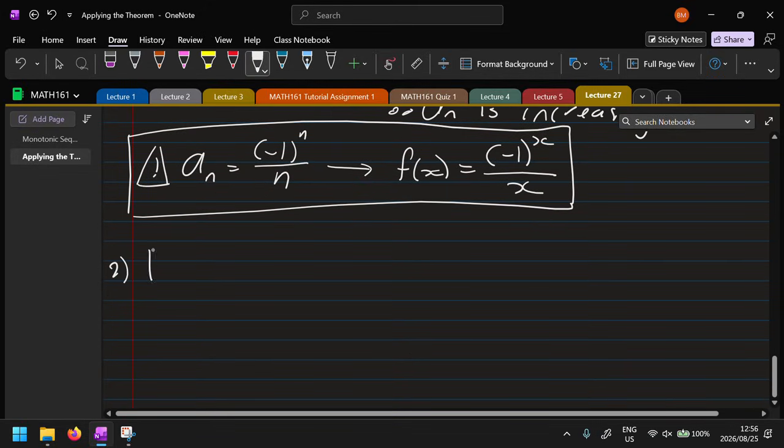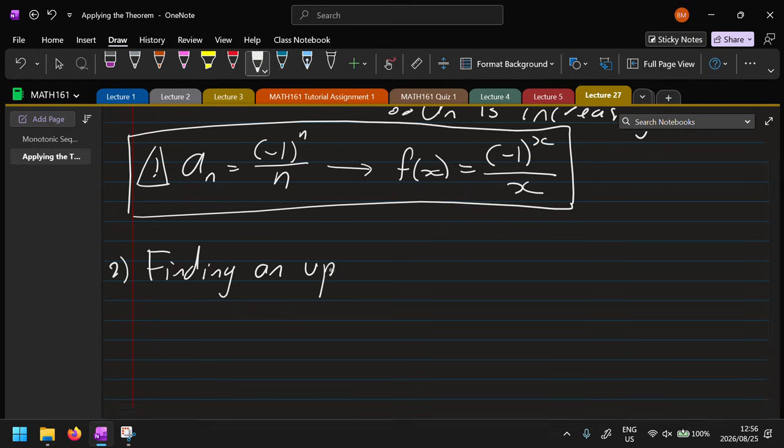Okay, so number 2, finding an upper bound. So we have a_n is 1 minus 1 over n. And we know that just adding more terms to the working we had earlier, it gets closer to 1, but never goes past 1. It must be an upper bound.